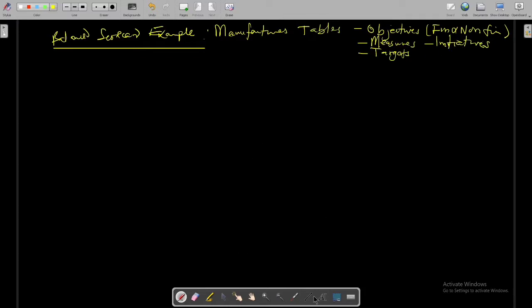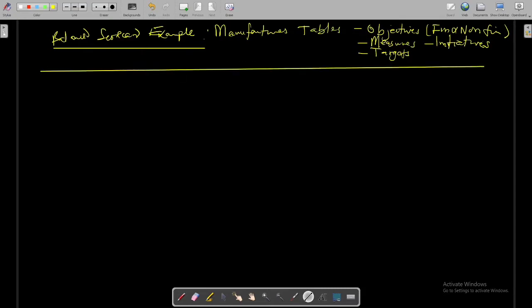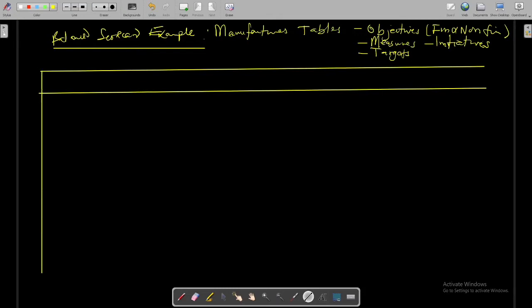So now let's go on and set a table. So here the table is set. These tables are set. Then we look at the four main areas that we have to look at under the objectives.